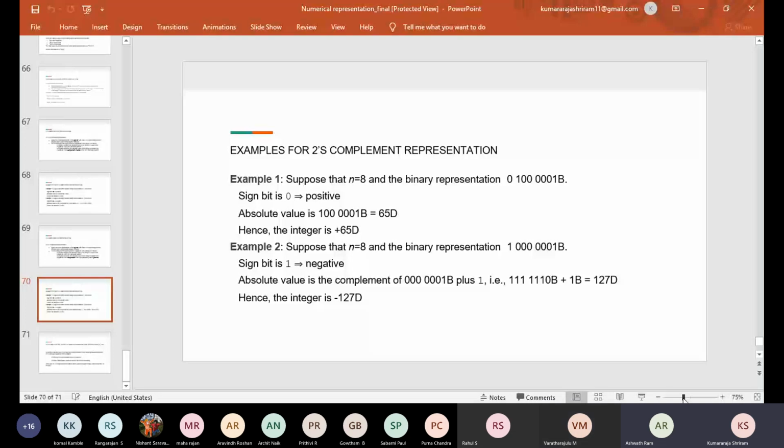So 2s complement representation can be calculated in just one method. We don't need two different methods for positive and negative. That's why 2s complement representation is used predominantly, and that is the proof for the maximum and minimum value that can be represented using n number of bits.